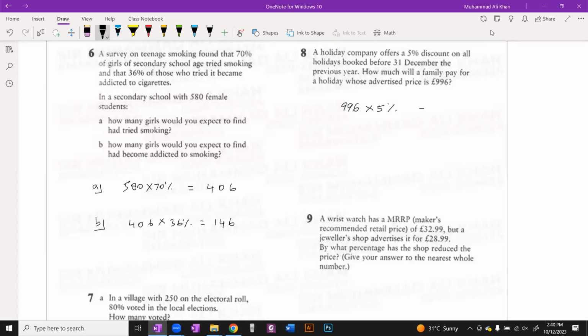What is the answer? 49.8. Therefore, the final result will be 996 minus 49.8. What is the answer? 946.2. This is the result.